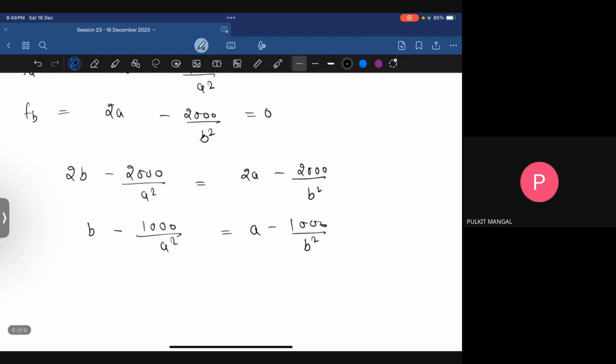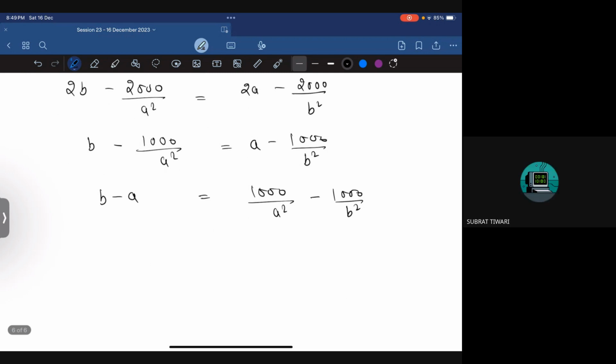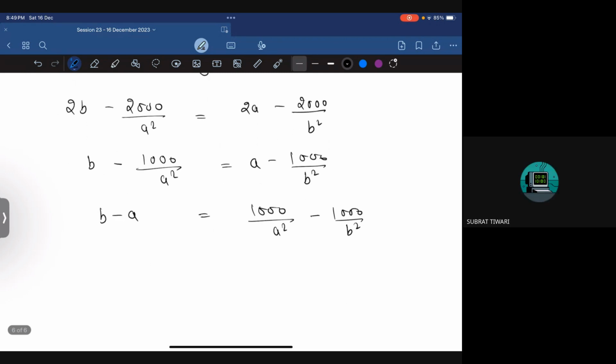On manipulation we got b minus a square minus square.